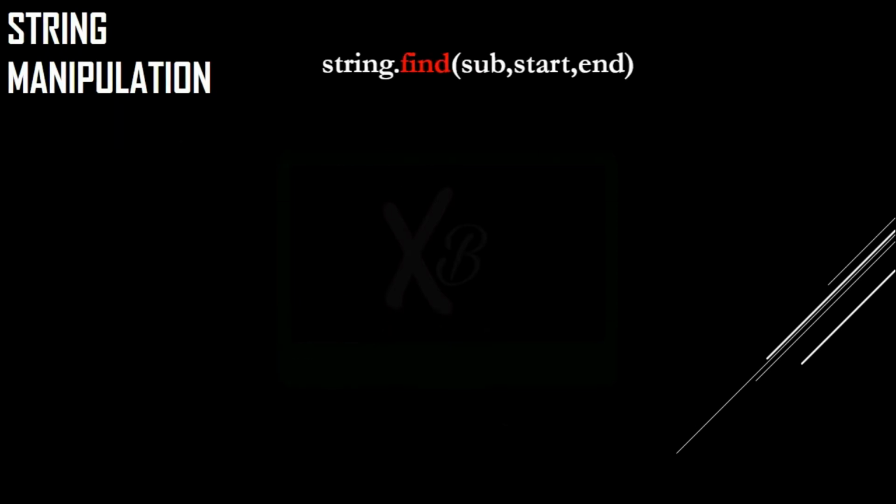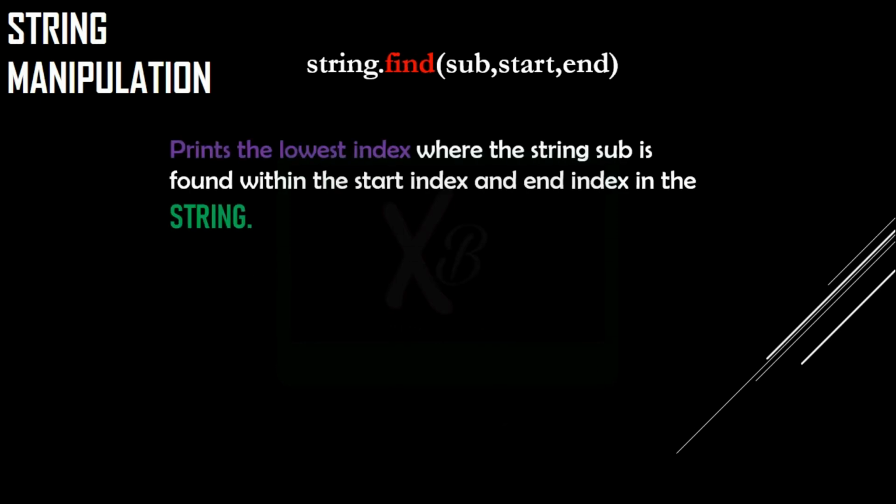Next up I have string.find in brackets sub, start, end. Now it prints the lowest index where the string sub is found. So sub is actually the name of a string, which you can see right over there in the brackets. Sub is found within the start index and the end index in the string.